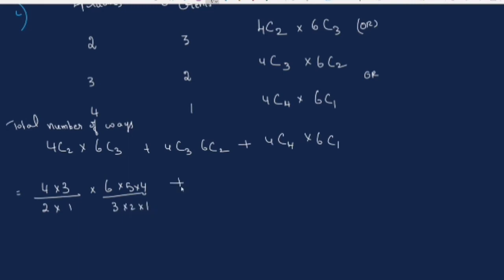Plus 4C3 is also equal to 4C1, because nCr is equal to nC(n minus r), a property of combination.